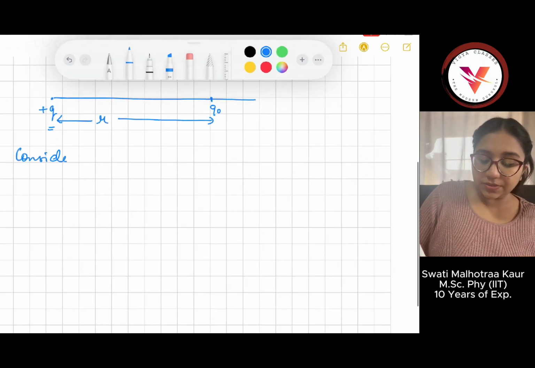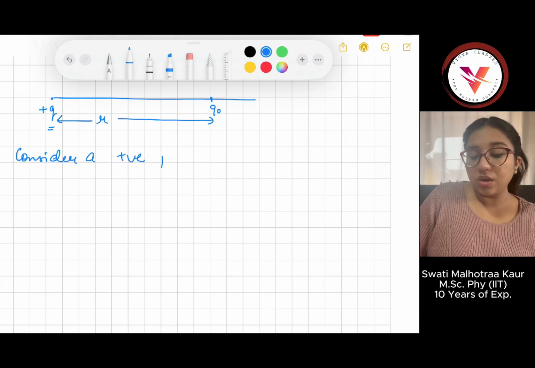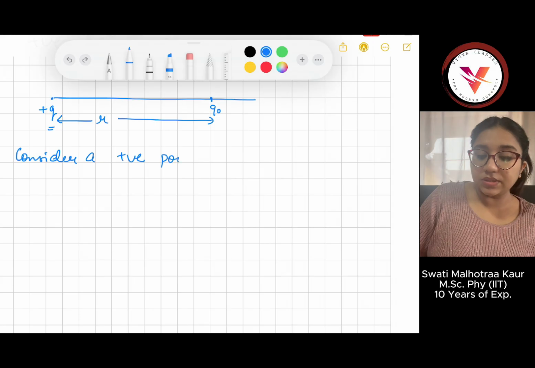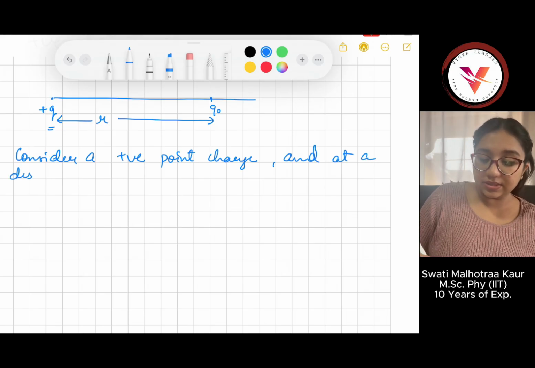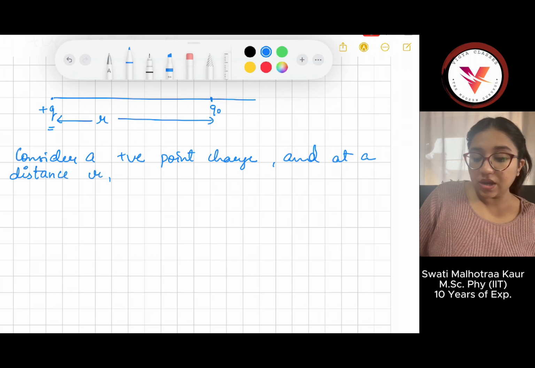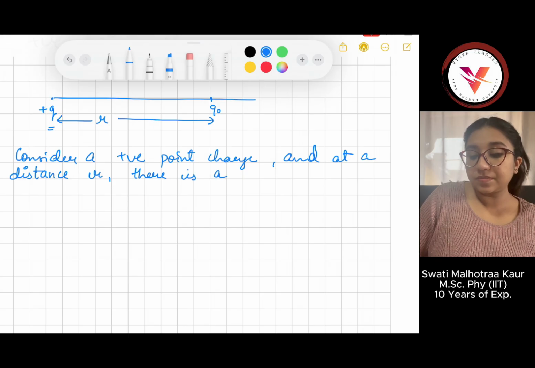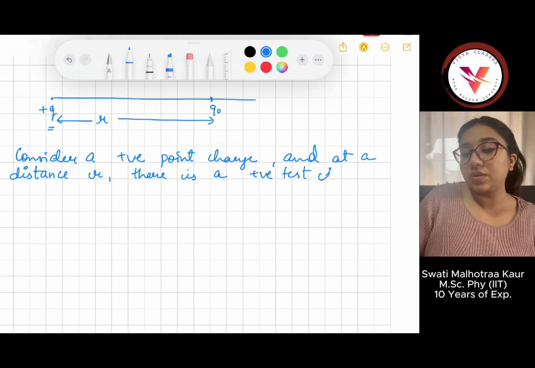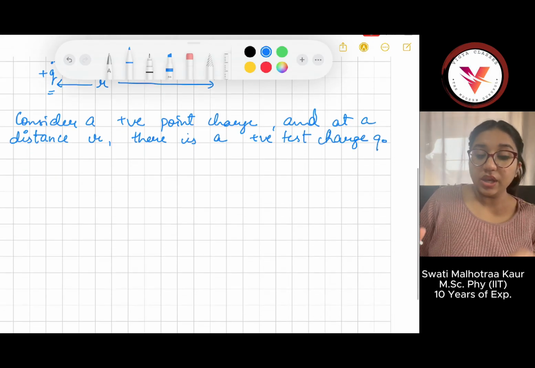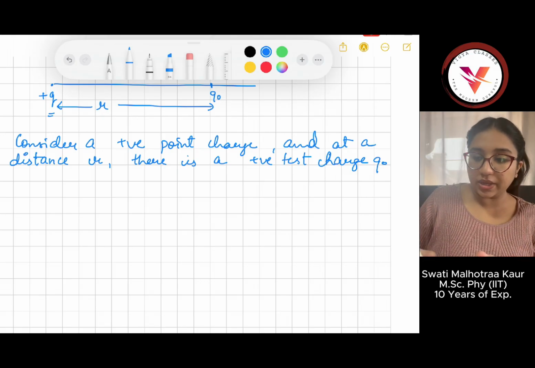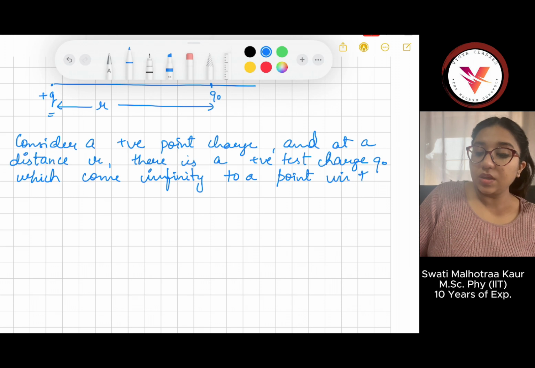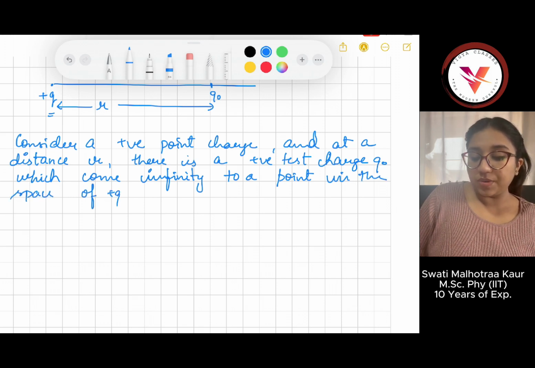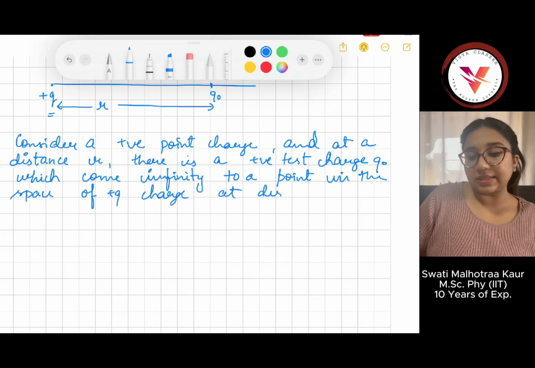Now consider a positive point charge, and at a distance R, there is a positive test charge Q naught, which has come from infinity to a point in the space of plus Q charge, at a distance x.